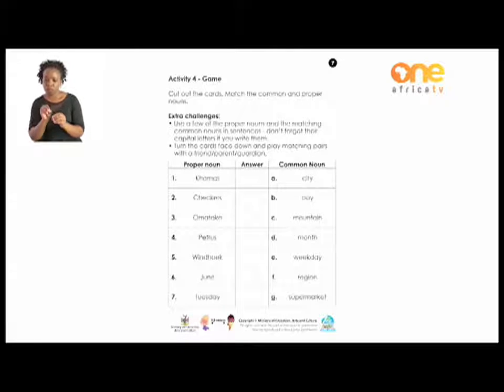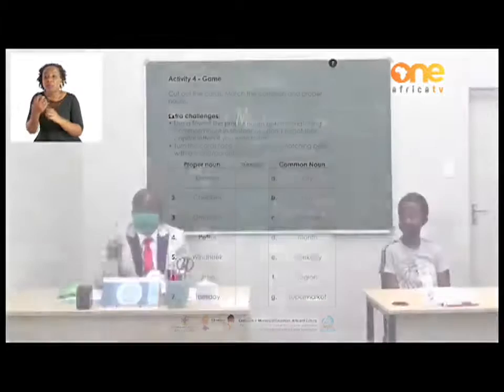Remember, you first cut them out into cards, then you open them up and try to match them. Just like the example that I've given for commerce region and checkers supermarket. Okay, if you have problems, you should ask.